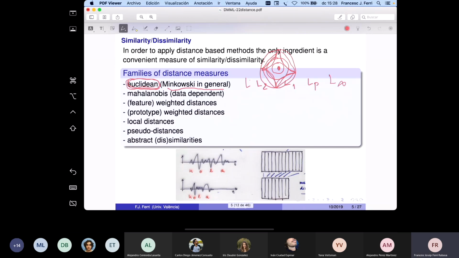The other type of distances we have is the Mahalanobis. Mahalanobis distances in general are distances in which when we move from one point, we obtain things like that. It's okay?